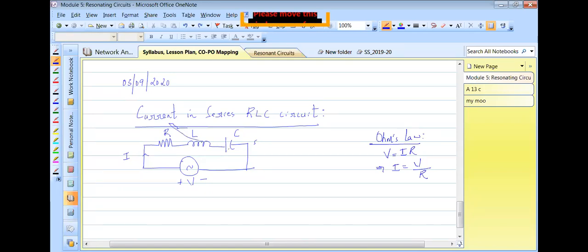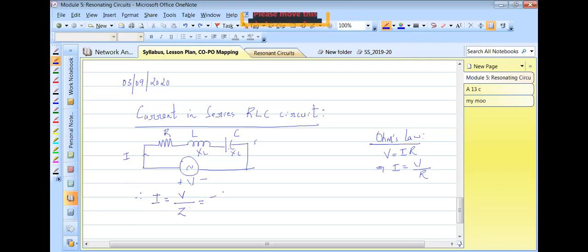The reactance of L is XL, the reactance of C is XC. Therefore, I can write I as the voltage applied divided by the impedance. Understand that point?